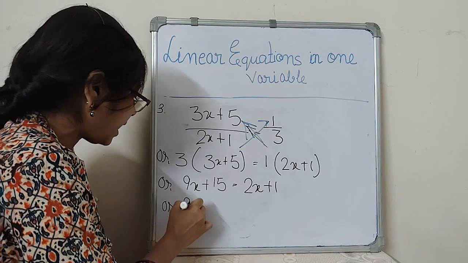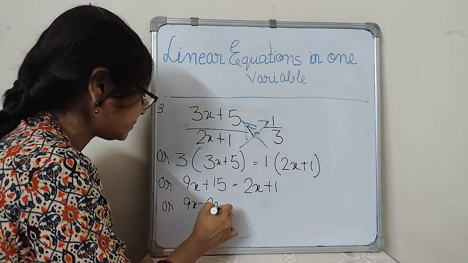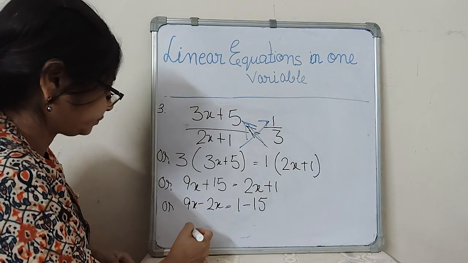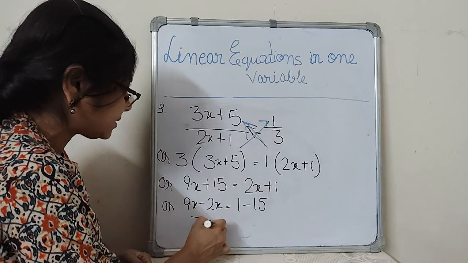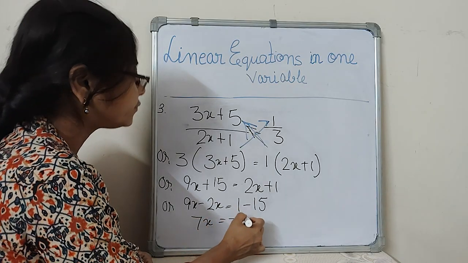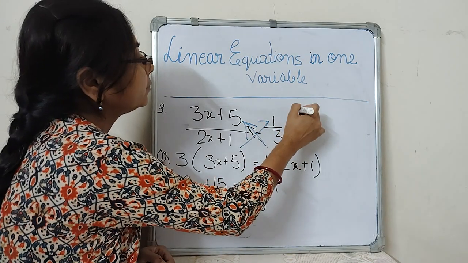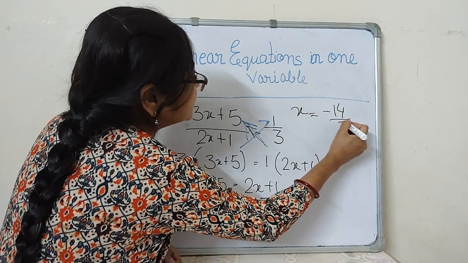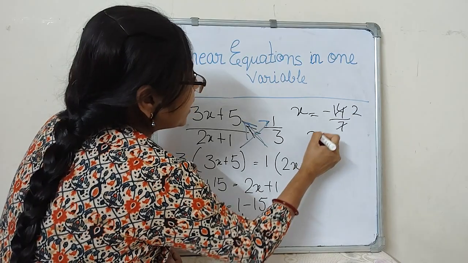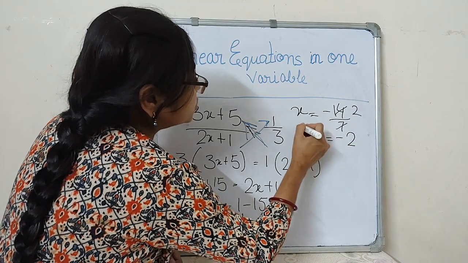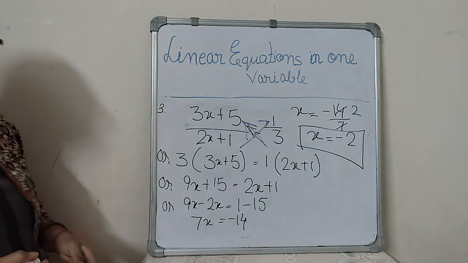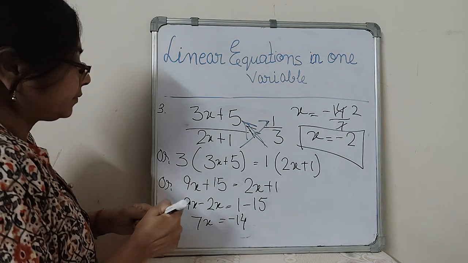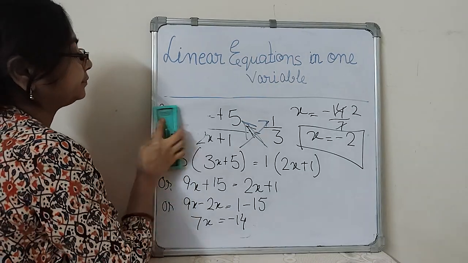Means 9x minus 2x equals 1 minus 15. 7x is equal to minus 14. x is equal to minus 14 by 7. It is 2. x is equal to minus 2. It is our answer. Next, number 4 maths.